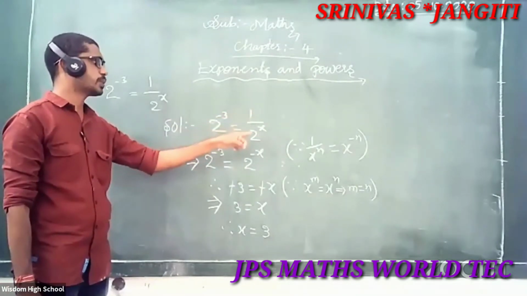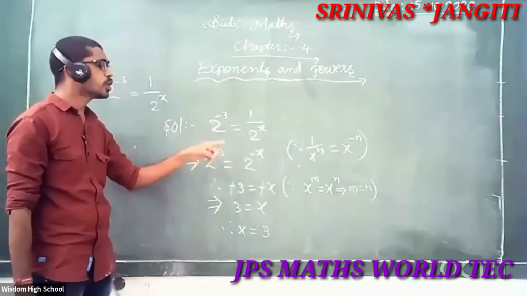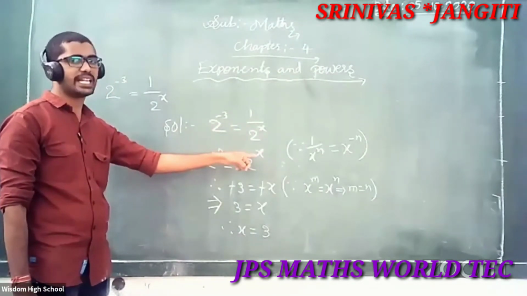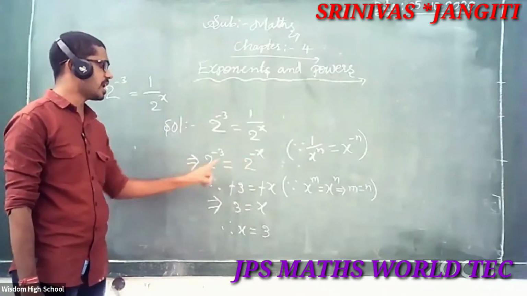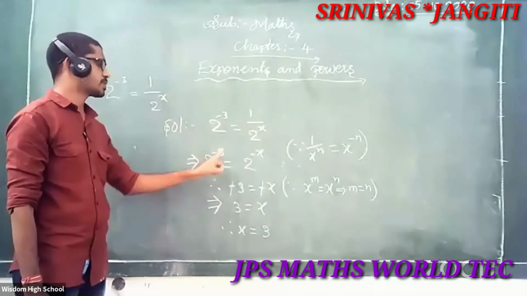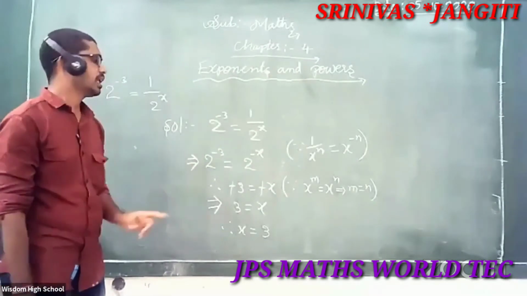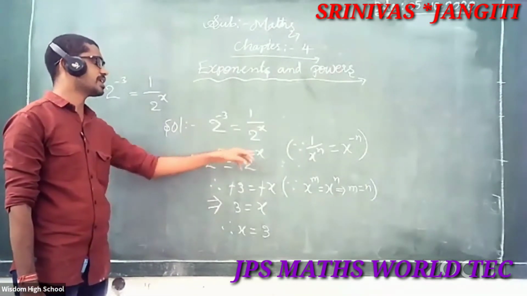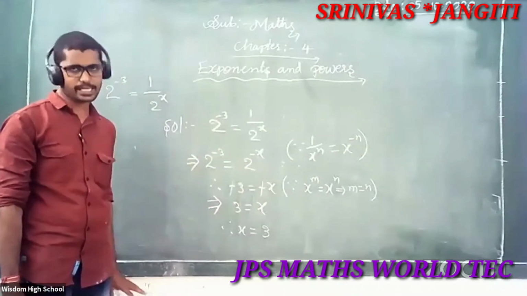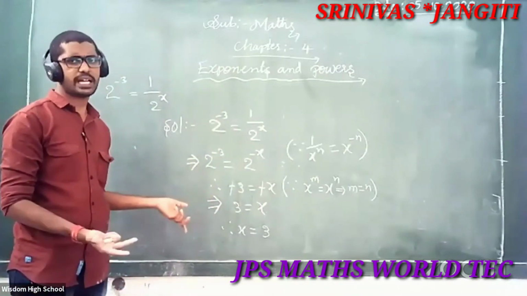That's why 1 by 2 to the power of x is equal to 2 to the power of minus x. Then the bases are equal, so the exponents are also equal, and the 2s cancel. Now minus 3 is equal to minus x, but both sides are negative there.